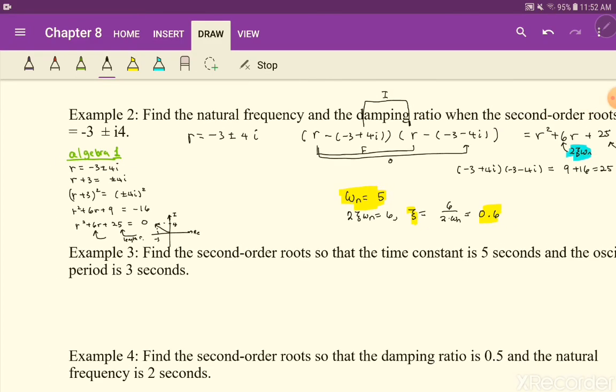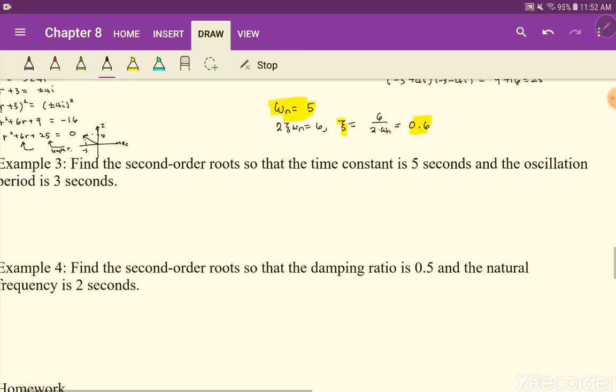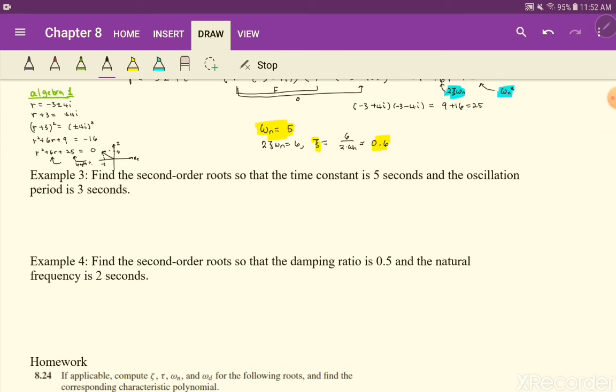Now let's continue with example 3. Example 3 says find the second order roots. The time constant is 5 seconds and the oscillation period is 3 seconds. So this says your homogeneous solution, I should just say free response, oscillates with period of 3 seconds.